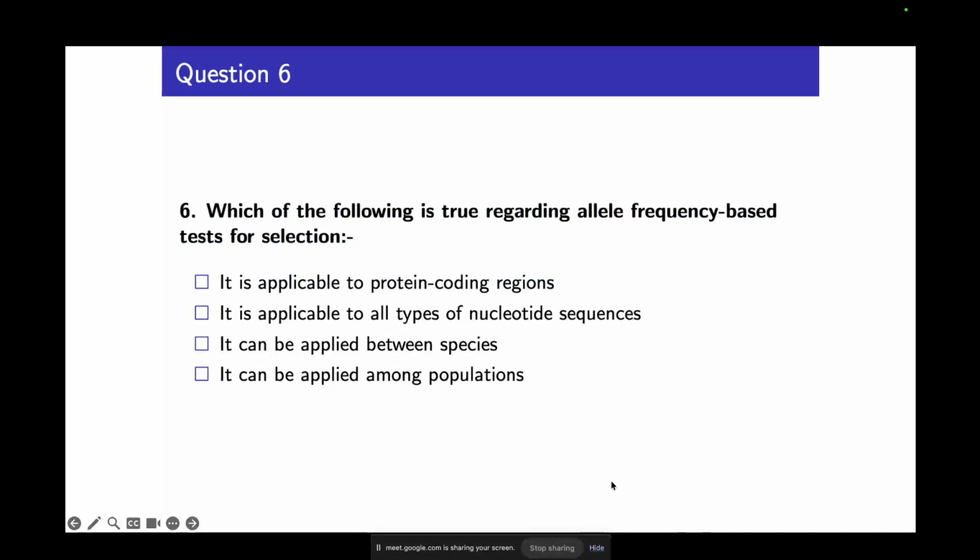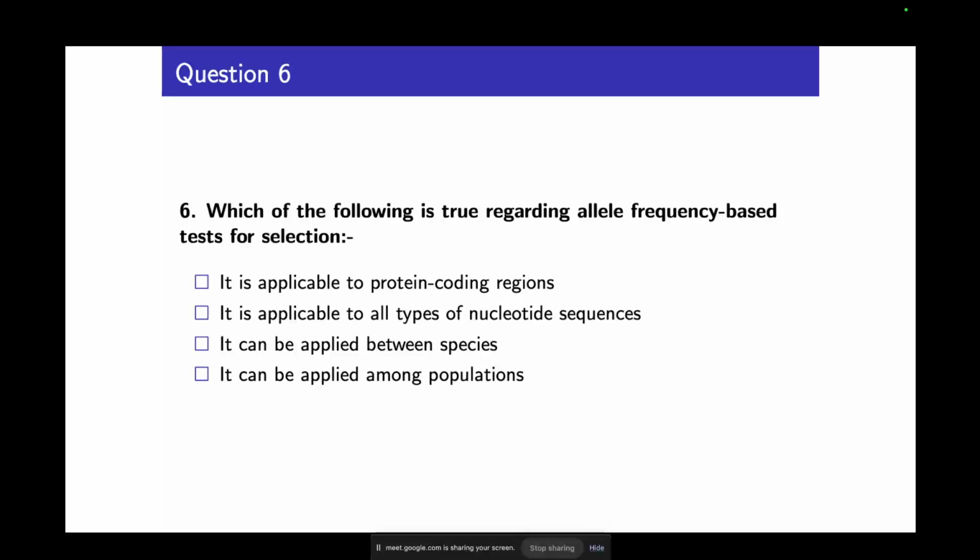The thing is, it cannot be applied interspecies because the variations are not the same, right? So if you say that the variation and the frequency for one variant in humans is higher compared to, say, for example, chimpanzees, it does not mean anything because the context is all different, right? Chimpanzees have that variant for some different reason. Humans have that variant for some different reasons.